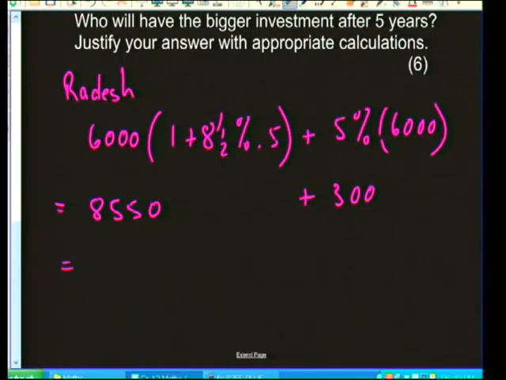That was his bonus, so total of 8,850 Rand and 0 cents. Right, there's Radesh. Simple interest and a bonus.